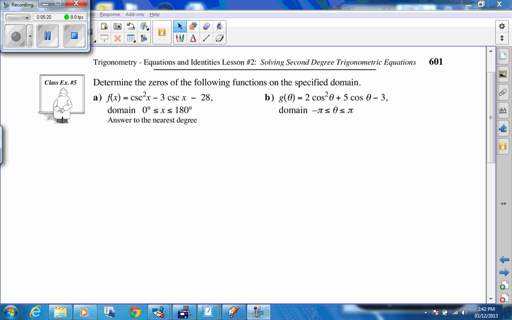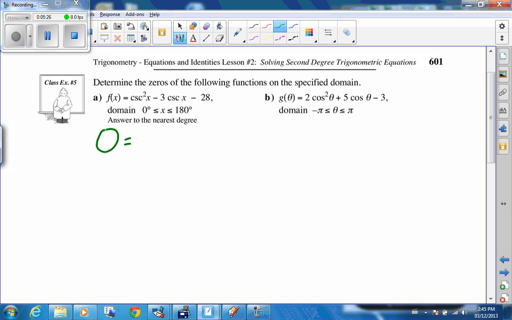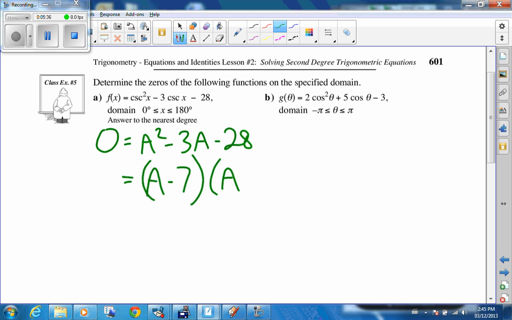Okay. One question to stay for. So this thing here, again, I basically take the same idea. 0 equals a squared minus 3a minus 28, which is going to be a minus 7 and a plus 4. Wait a second there. Yeah, that's right. But my a isn't really a. My a is really cosecant.